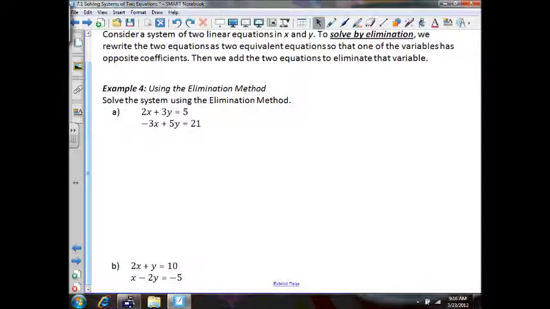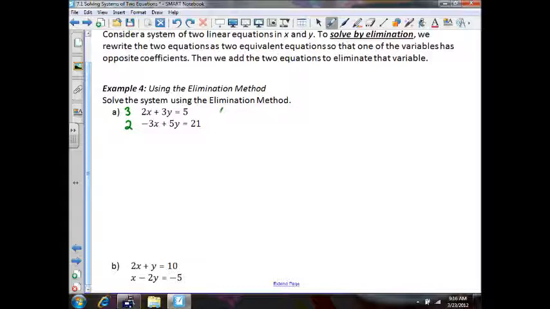Now, in example 4a, we need to eliminate either x or y. Because the x's already have opposite signs, we can easily multiply the top equation by 3, the bottom equation by 2, to get positive 6x and negative 6x.